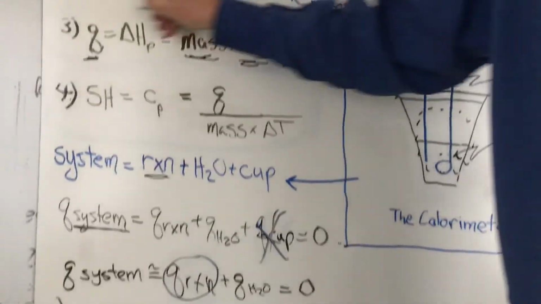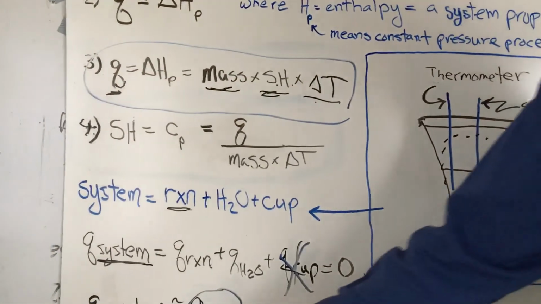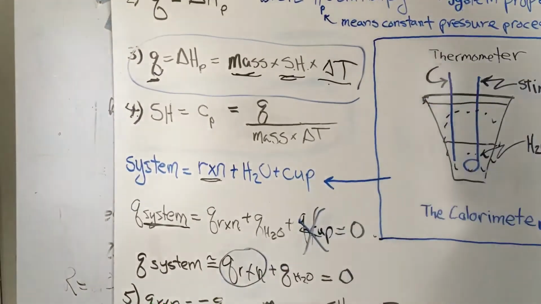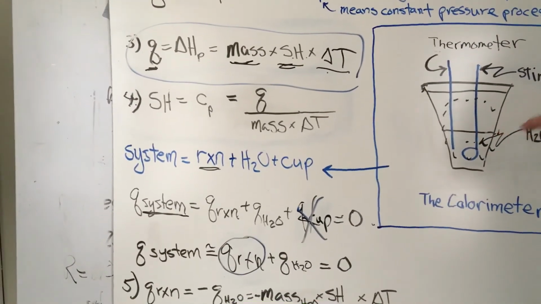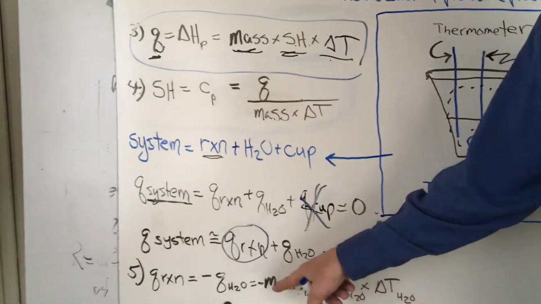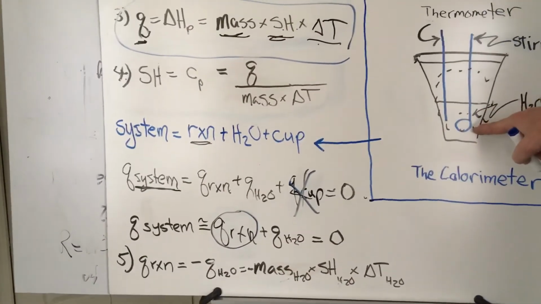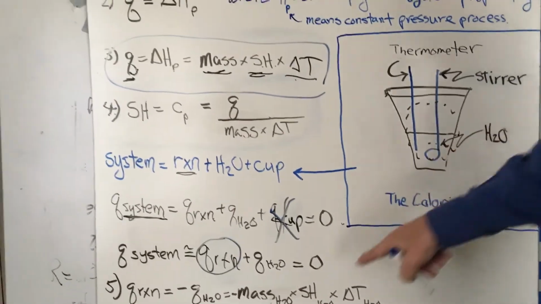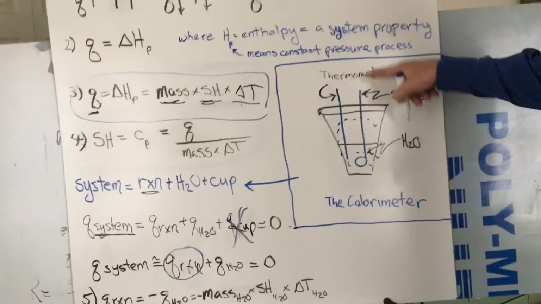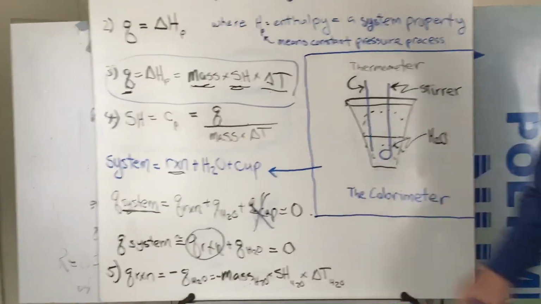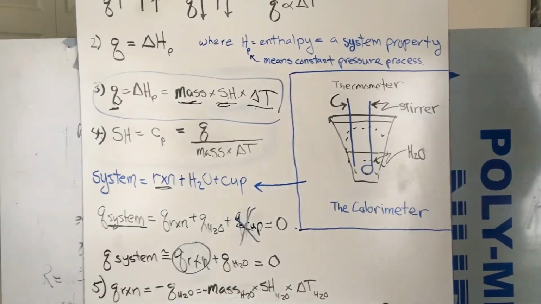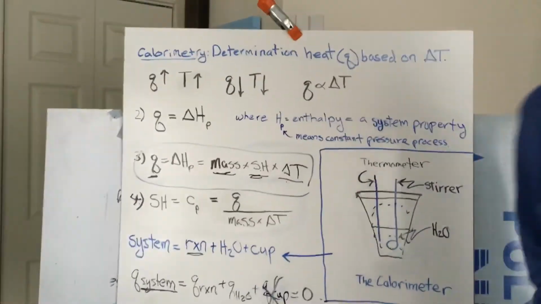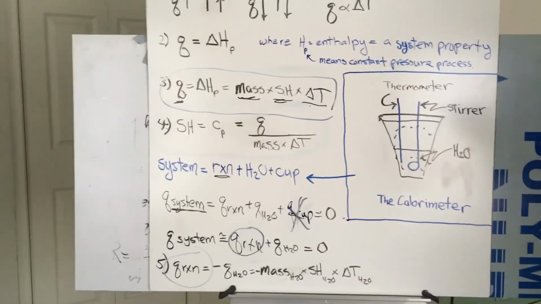Equation 3 gives us an equation to plug in for Q of the water. So Q of the reaction that takes place inside the calorimeter will simply be equal to negative the mass of the water that we put in there, times the specific heat capacity of the water, which is a constant, times the measured temperature change that occurs inside the calorimeter. And that would give us what we're looking for, the heat of the system undergoing a particular process.